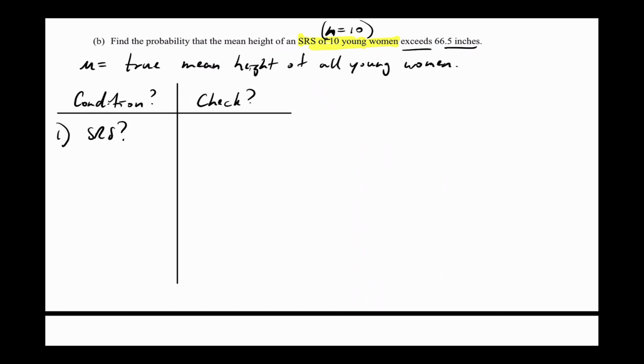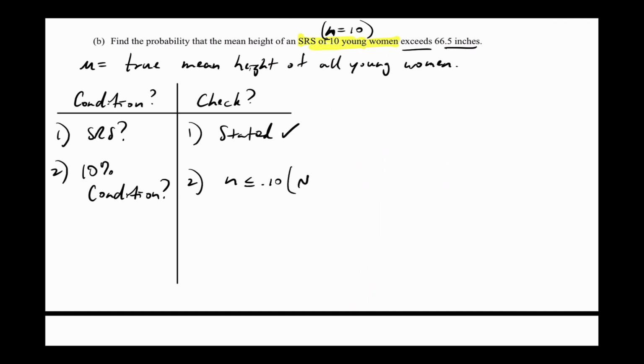Condition number 1, SRS. Is the sample of 10 an SRS? Yeah, it says it right there, an SRS. So we say stated. 10% condition: n less than or equal to 10% of big N. Well, n is 10.